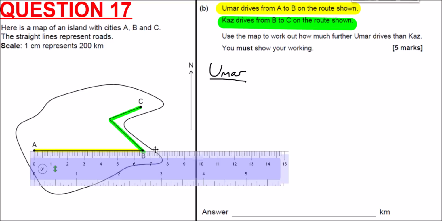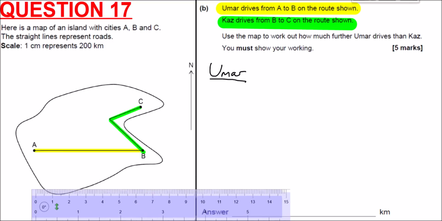It could be that your teacher's photocopying is slightly different from mine. I think in the original exam it should be 6.5. However, just put down your measurement from A to B. It should be exactly 6.5, if not, very close to it. And if you're not sure if you're measuring it correctly, the best thing to do is check with your teacher. But in my example, from A to B is 6.5 centimetres.